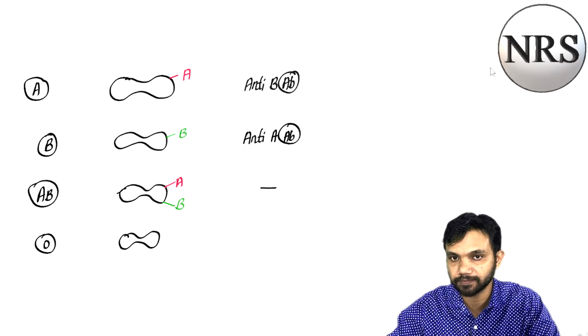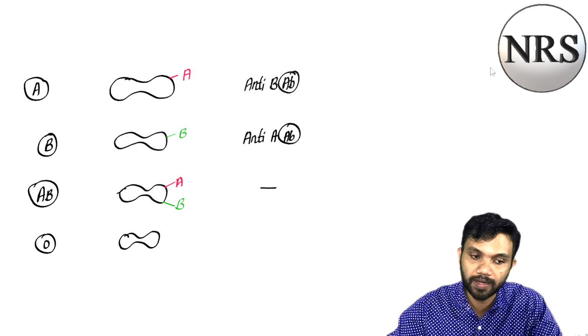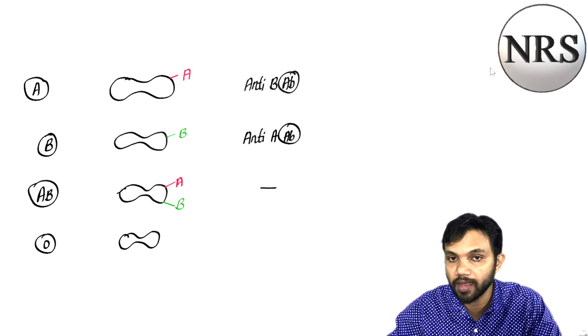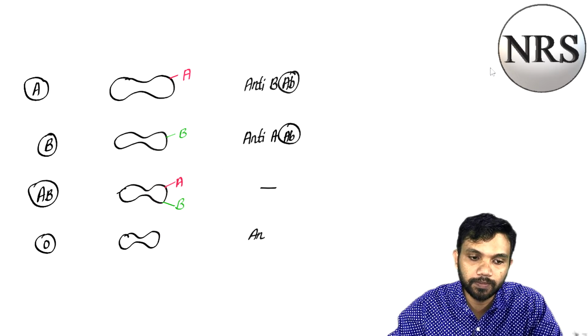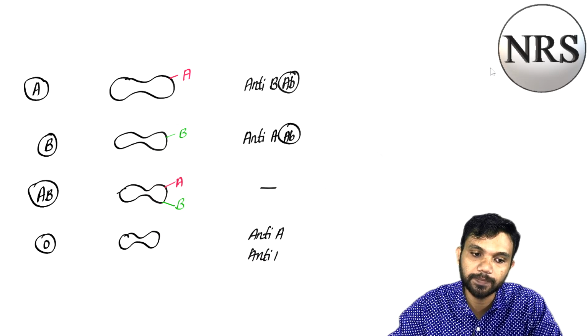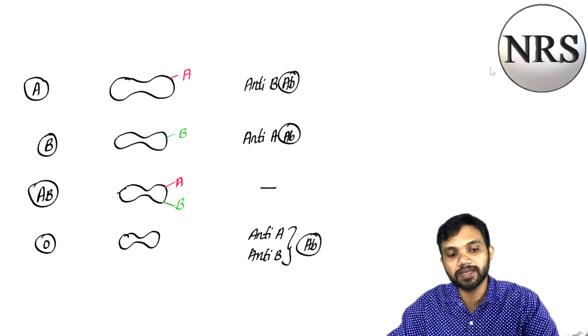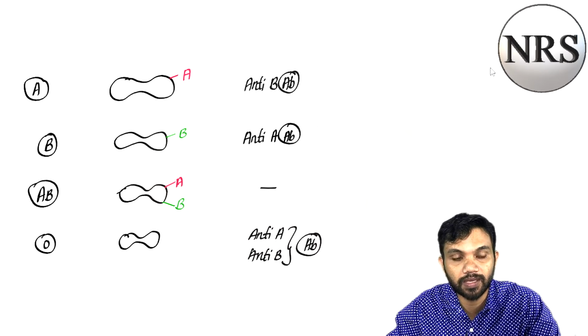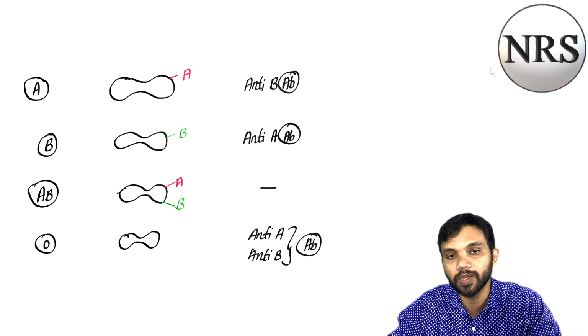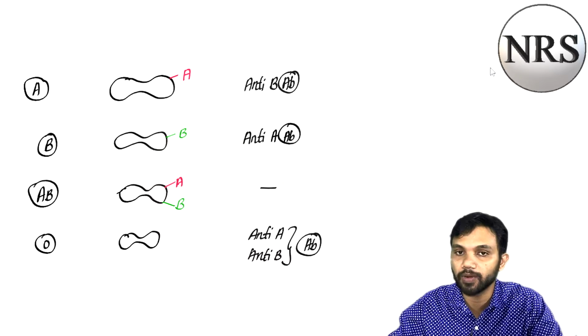How about O blood group? He is not aware of A and B, so he will have anti-A and anti-B antibodies. If we transfuse A or B blood group to O, these RBCs will be destroyed in this person's body.